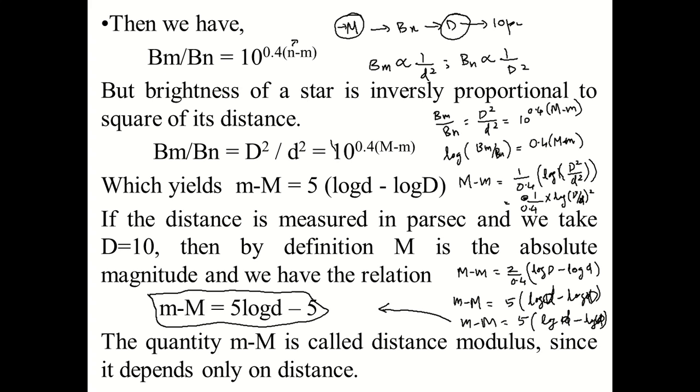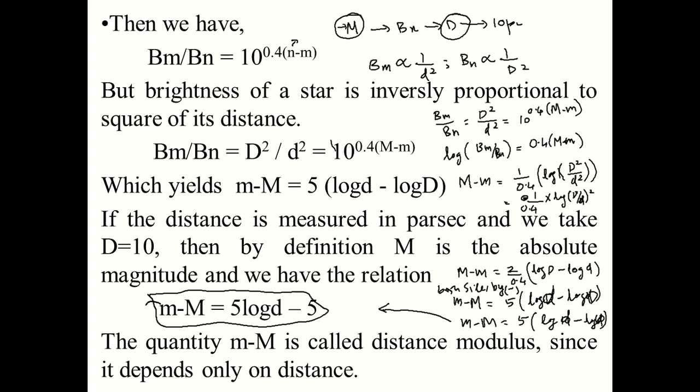What we have changed here is multiplying both sides by minus. M becomes small m minus capital M, and log D minus log small d becomes log small d minus log capital D. When capital M is the absolute magnitude, then capital D will be 10 parsec, so put capital D equal to 10 here.